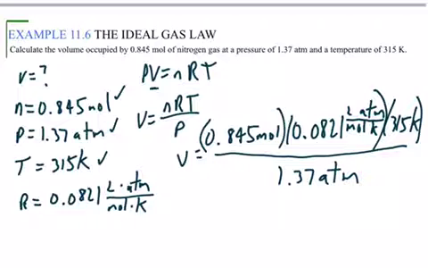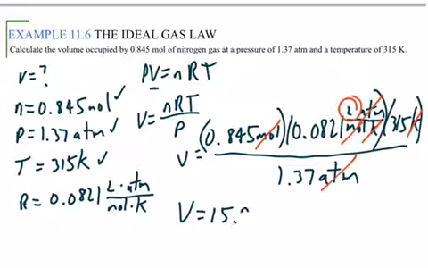Now, when you do the math, watch what happens. This is the importance of having the units cancel. You'll notice that the moles will cancel. You'll notice that the atm will cancel. Okay, so the Kelvin cancels too, the only unit left is liter, which is what we want. We're looking for, I'm sorry, for volume, which is expressed in liters. So when you do the math here, you're going to get 15.95.